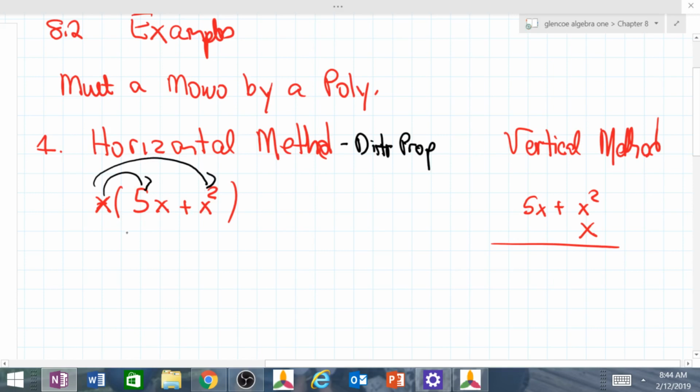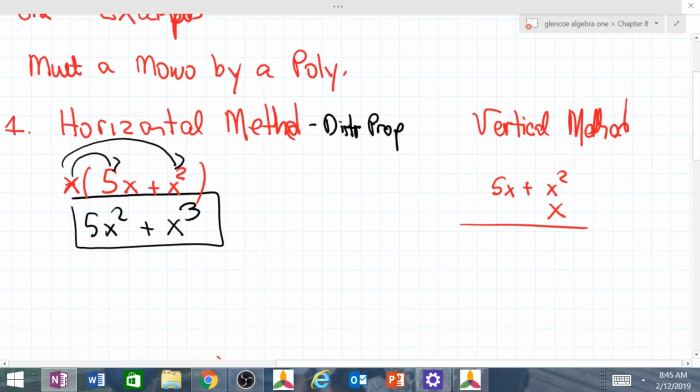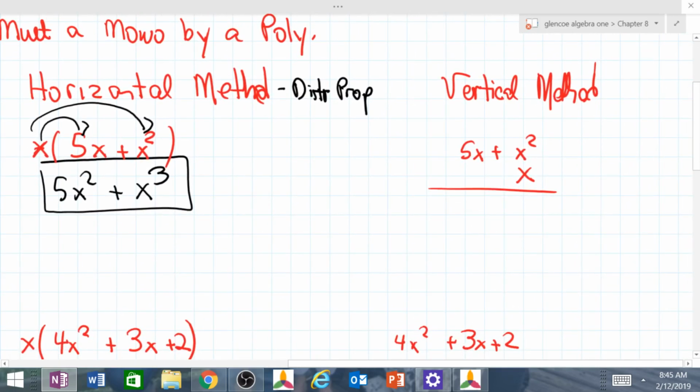So x times 5x is 5x squared, and x times x squared is x cubed. Are you with me? Okay. To use the vertical method, we are going to multiply, eyes up front, x times x squared is x cubed, and x times 5x is 5x squared.